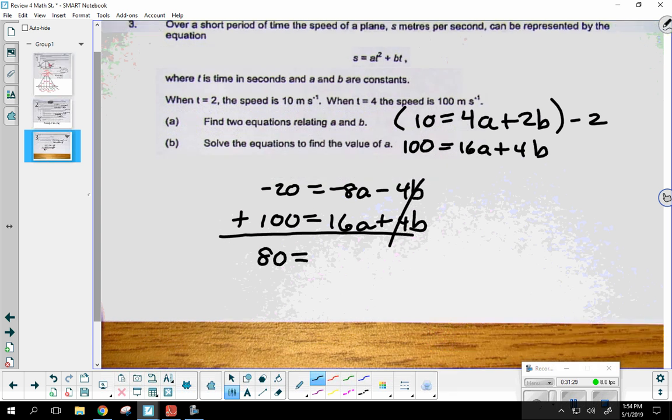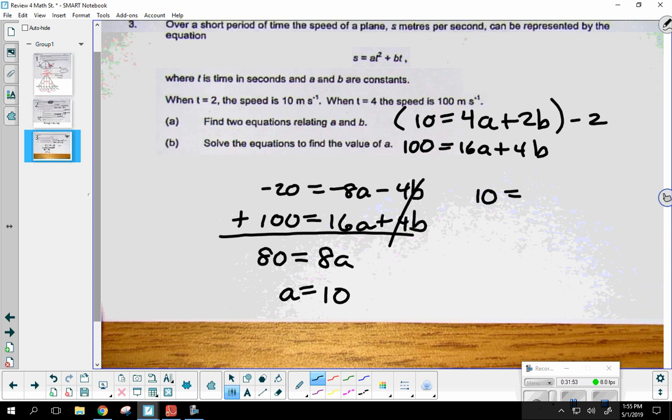80 equals what? Oh, okay, so you went straight to the end. Okay, so 80 equals 8a, so a is 10. There we go. And then it said solve the equations to find the value of a, but let's say you were going to go ahead and find b, what would you do? Yeah, I just plug it right back into one of the equations.